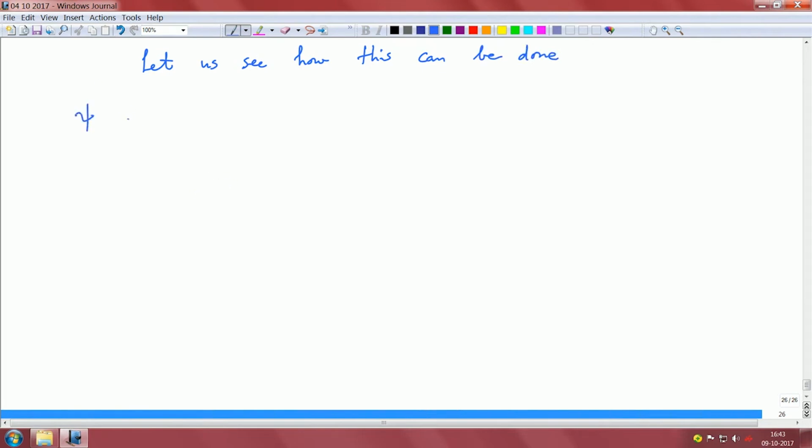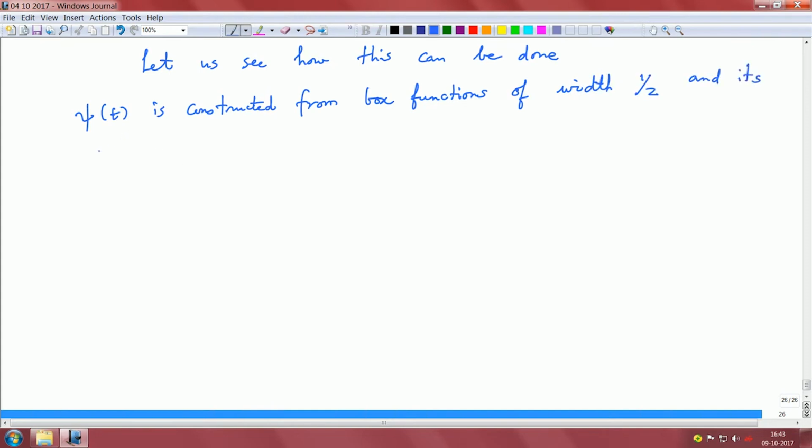So, we can construct psi from a set of box functions of width 1/2 and its translates, right.